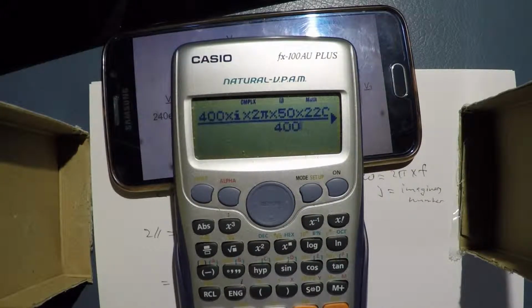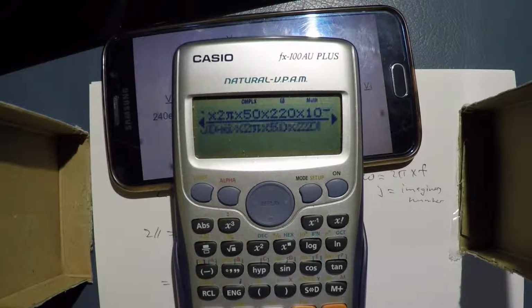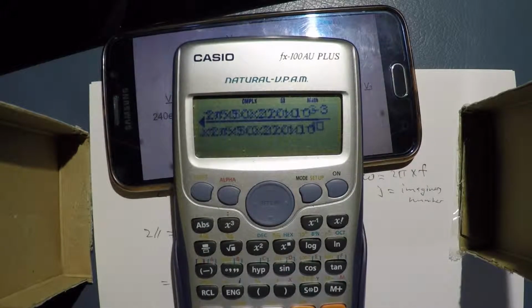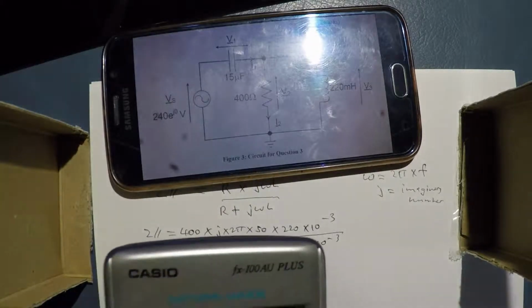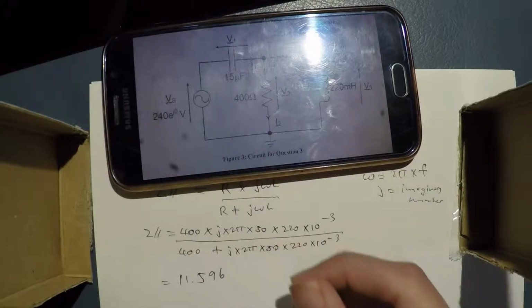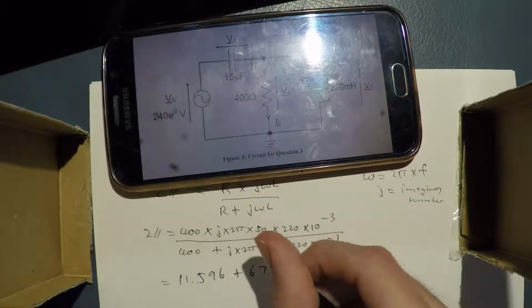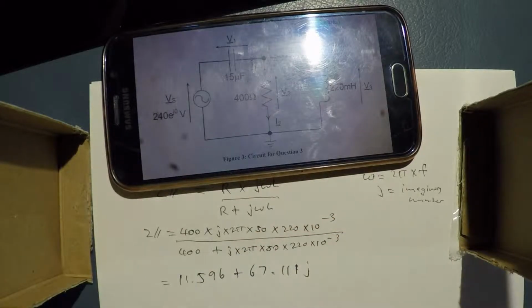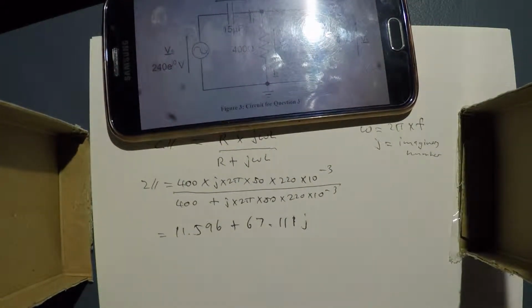And then this 400 plus J omega L. We get an impedance of 11.596 plus 67.111 J. So that's our impedance in this part of the circuit. So I've now combined those bits.